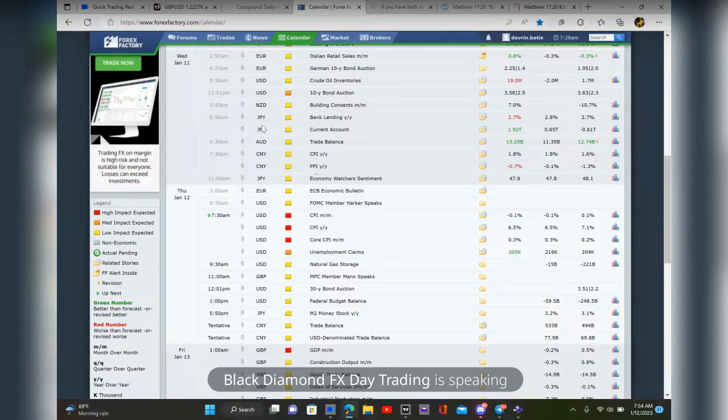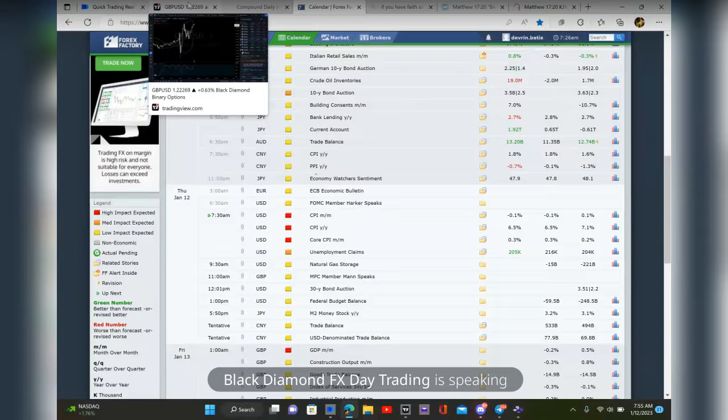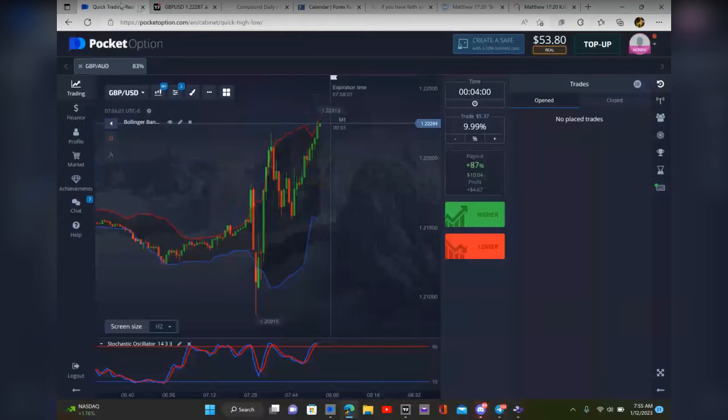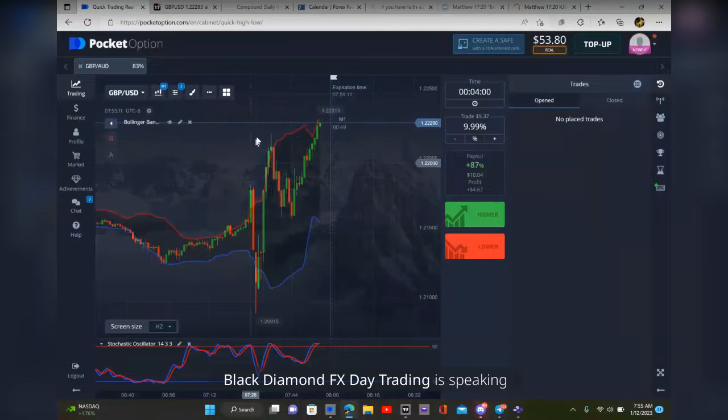If this was Forex, we probably could have withstood that because we would have been in the trade a lot longer, depending on where your stop loss is located. However, with binaries, it's time based. You're in the trade for a certain amount of time, so a spike like that at 4 minutes is not giving you enough time to recover. And that's exactly what happened with me.